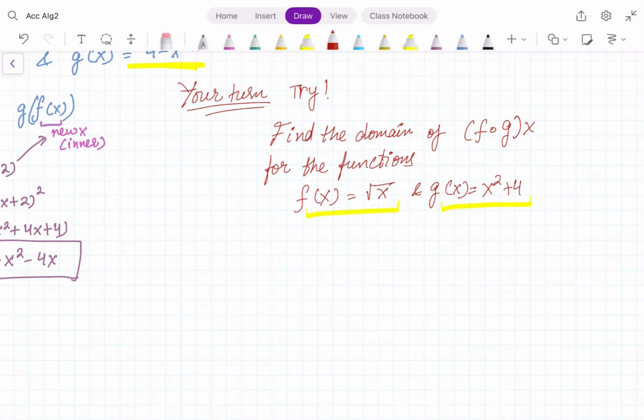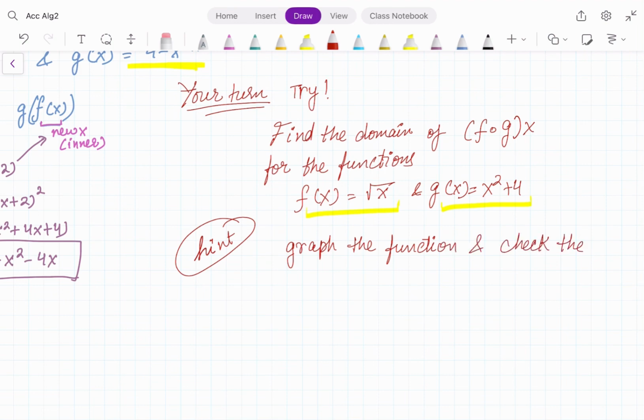You can write the domain first and then graph it, maybe on the graphing calculator, or you can use Desmos to graph it and see how the two functions are behaving individually and see where the domain restriction is. And then when you write the composite function, see how the function should look. So give it a try.